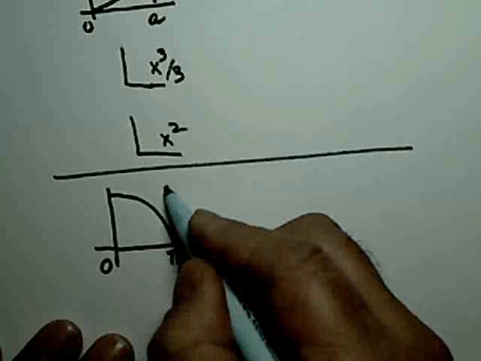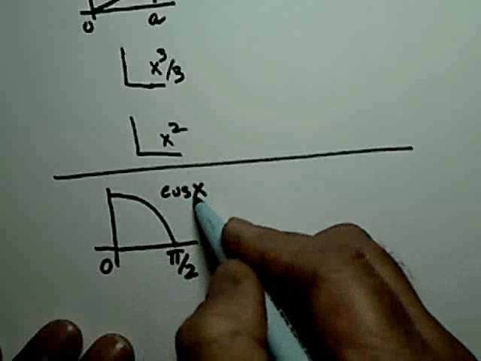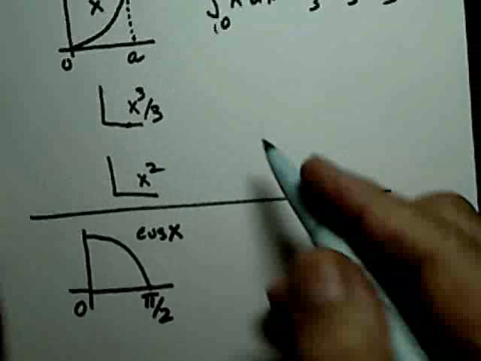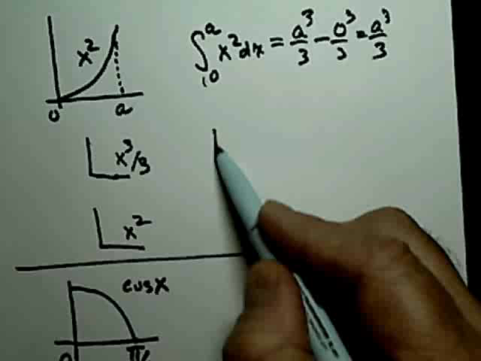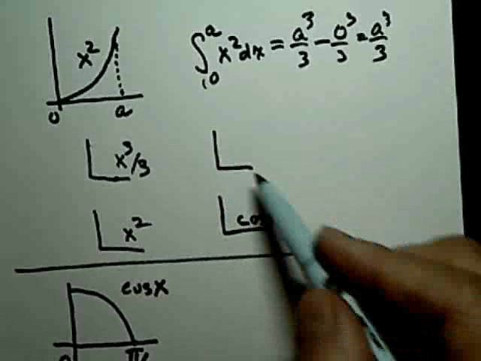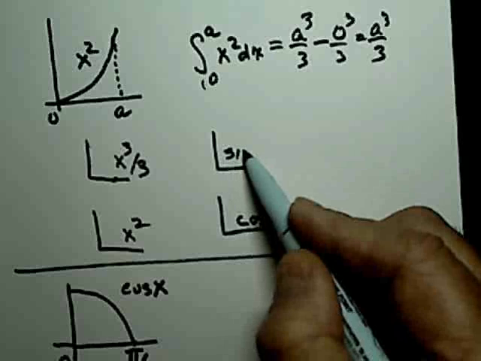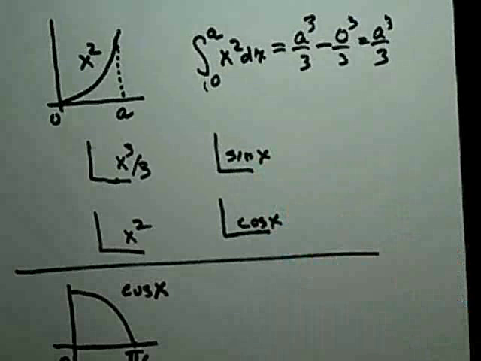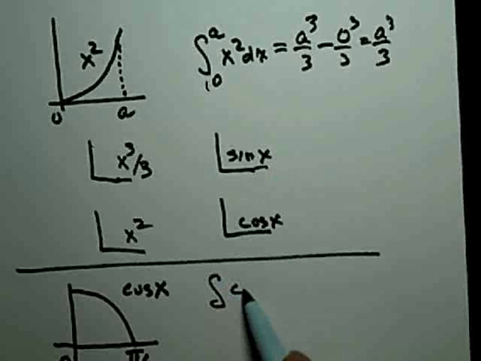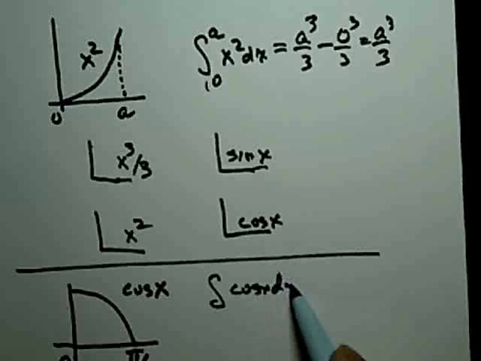And this is the cosine function. Well, we go to our table of derivatives, and we say, could we find something where this ended up being cosine x? And of course, earlier I told you that if you take the sine of x, take its derivative, you get the cosine of x. So the antiderivative of cosine of x dx is sine x.